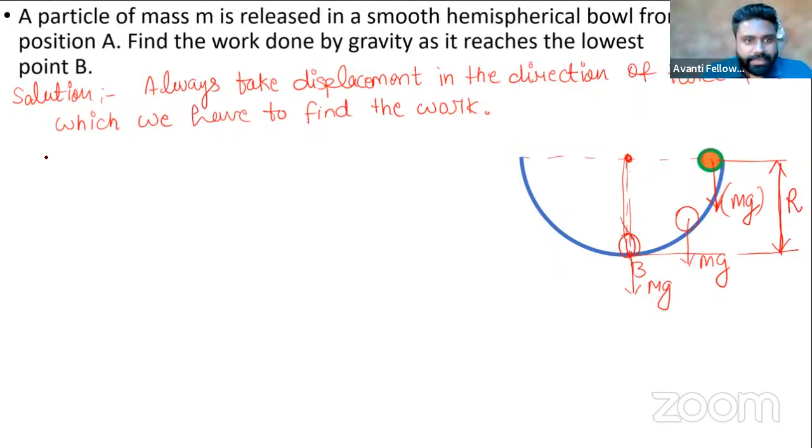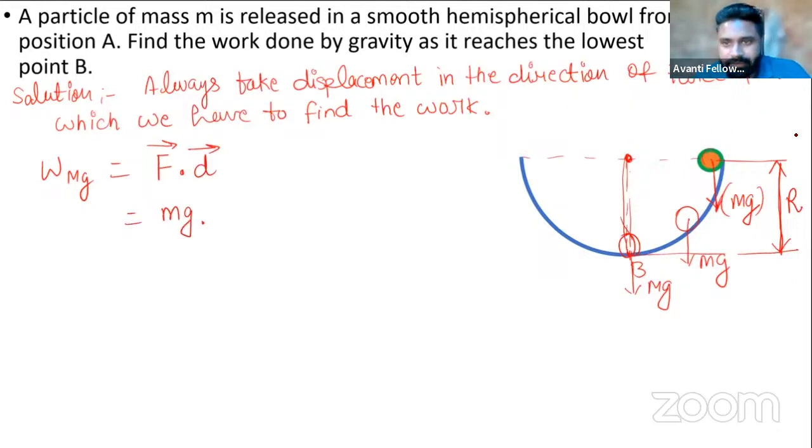So the work done by the mg force is nothing but the force dot product with displacement. Here the force is mg, dot product with displacement r, because from the topmost position to the lowest point it has covered a distance r in the direction of mg. So it is mg dot r.